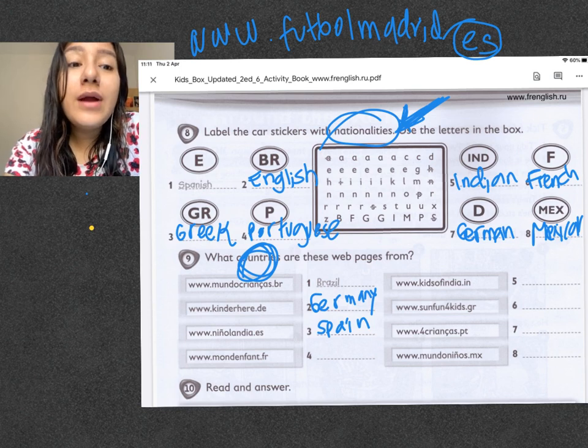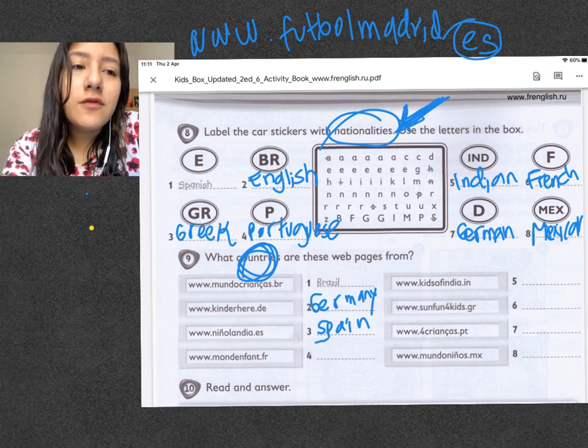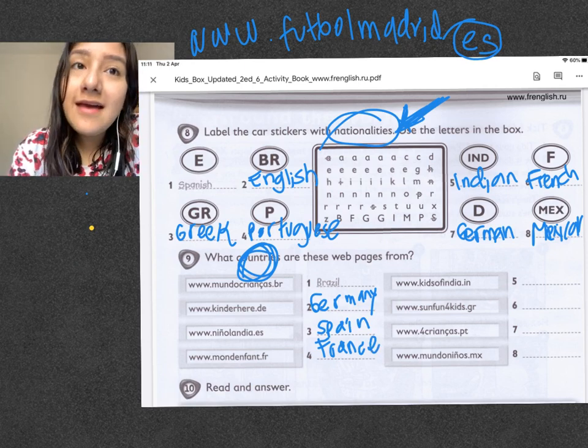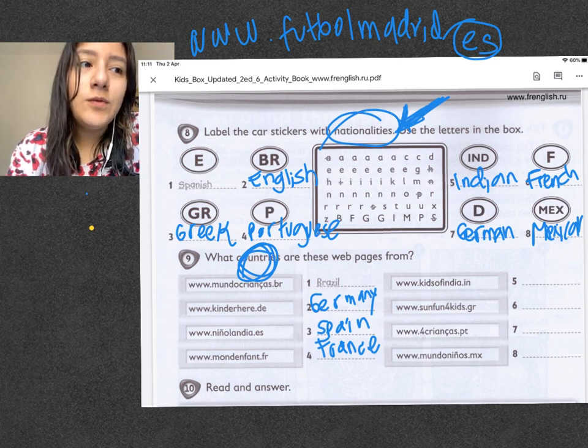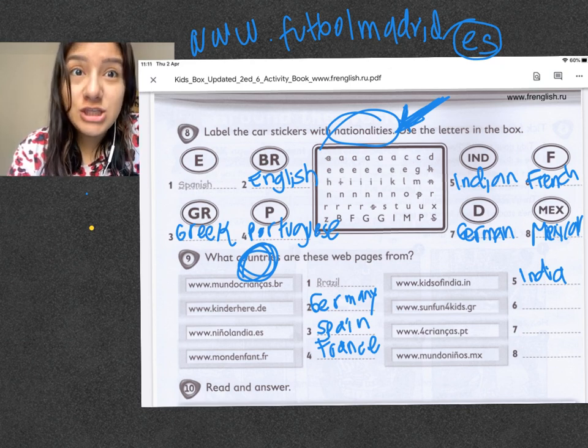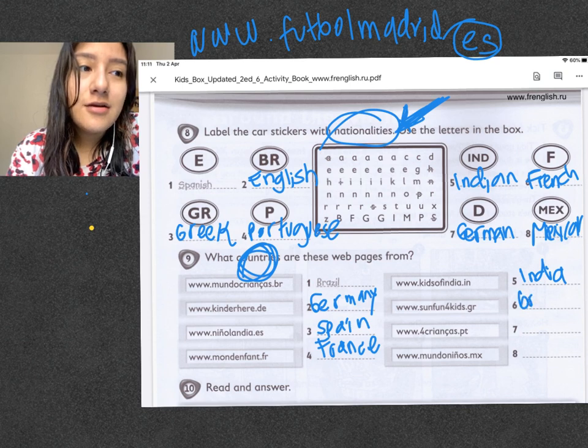And then the other one, Mondenfant, that FR, it stands for France. And number 5, Kids of India, that IN, it would be India. Easy one, right? Then Sun Fun for kids, that GR means Greece.